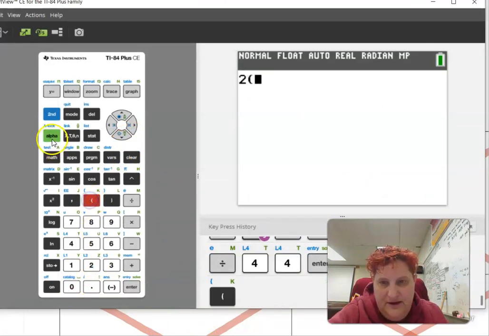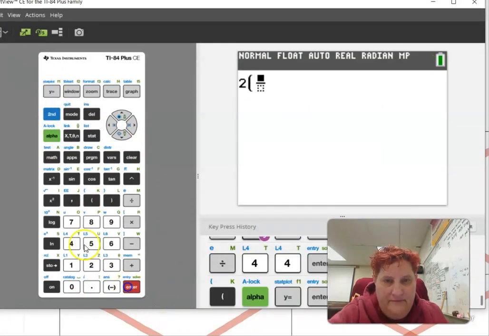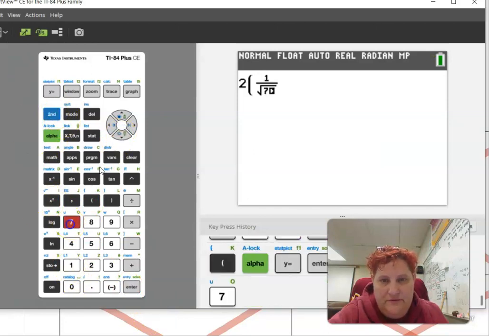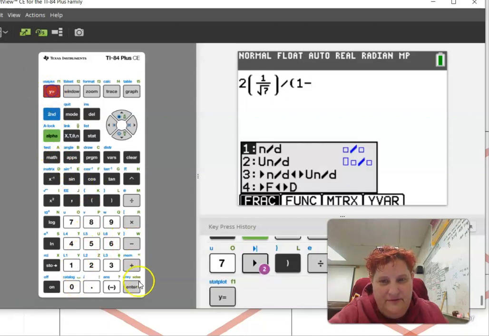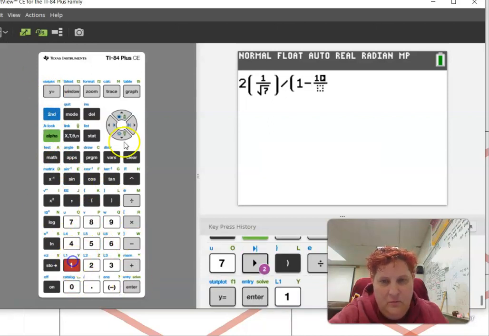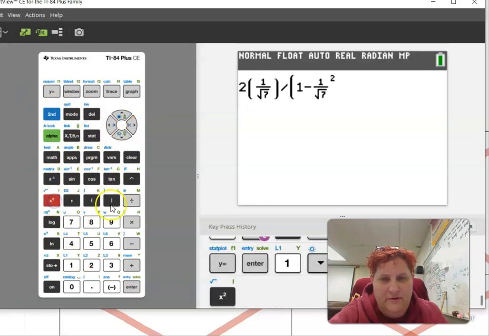So 2 times the fraction 1 over square root 7, and then we can say divided by, and then I just have to put a parenthesis, 1 minus the fraction 1 over square root 7, squared.